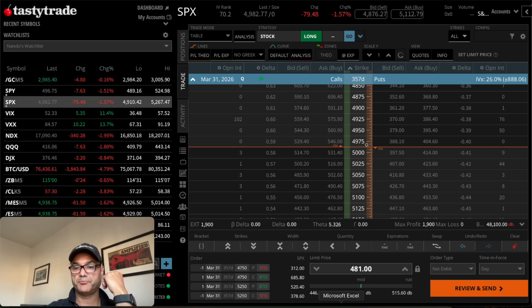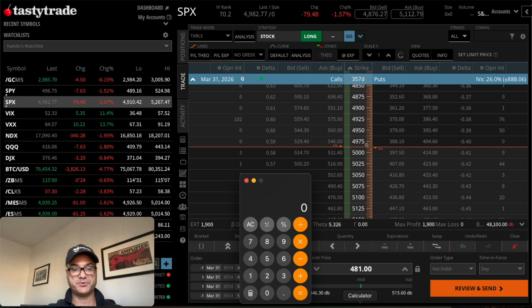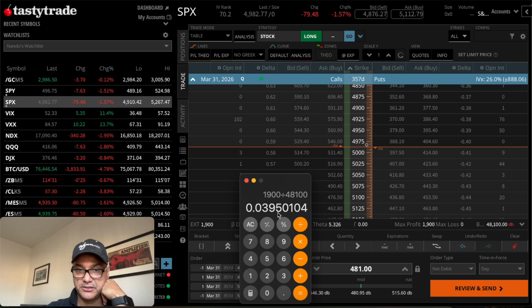So the implied interest rate on this is going to simply be the 1,900 divided by our outlay, 48,100. And the implied rate we're getting is roughly 3.95%.